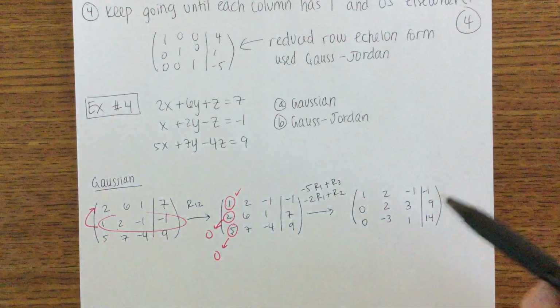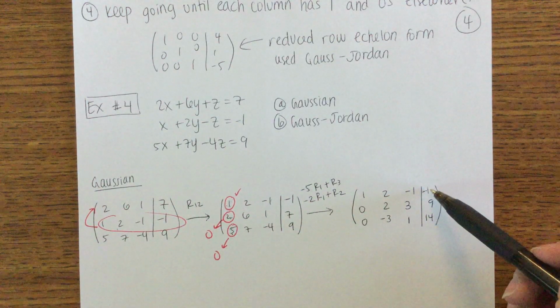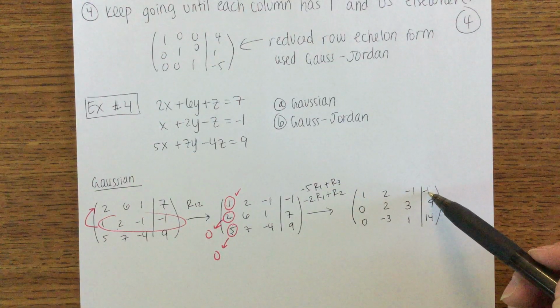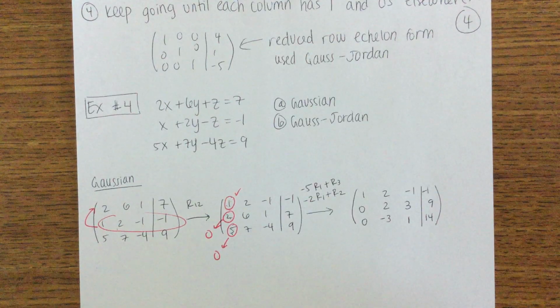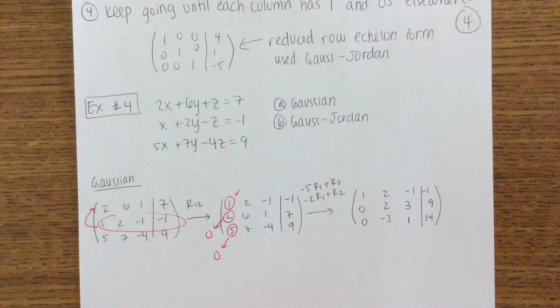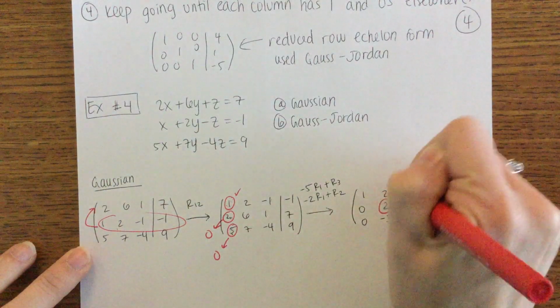Okay. It was a good thing Helen pointed this out. If we had dropped that negative, we would be in trouble for the whole rest of the problem. So every step matters. So you have to be very careful. Next thing we need this number to be a 1.